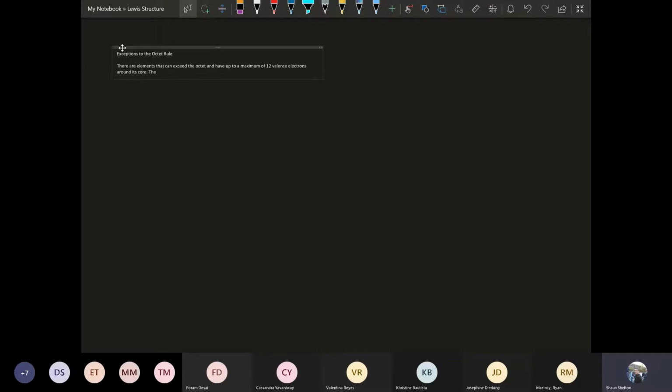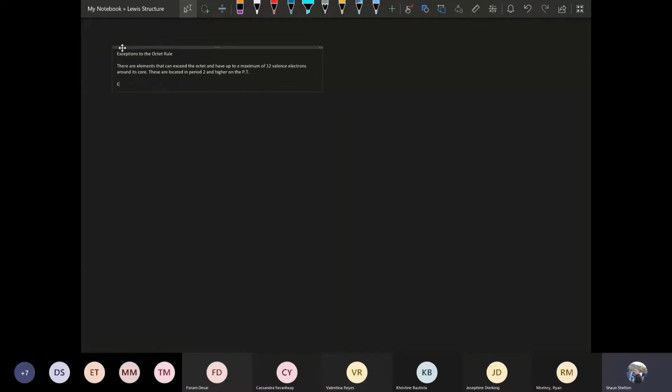These elements are located in periods 2 and higher on the periodic table.